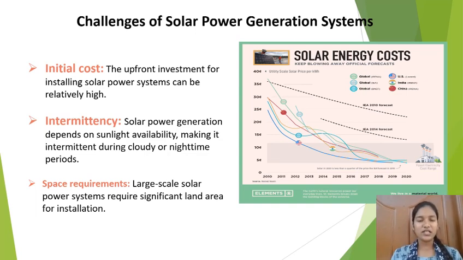The upfront investment for installing a solar power system can be relatively high. Intermittency. Solar power generation depends upon sunlight availability, making it intermittent during cloudy or nighttime periods. Space requirements. Large-scale solar power systems require a significant land area for installation.